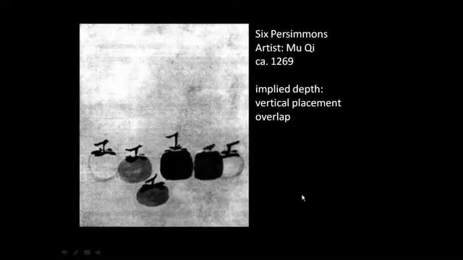This is also fairly straightforward. This persimmon looks closer to us because we can see it in its entirety. It partially obstructs this persimmon right here, which kind of gives the look that this is farther back in space because it's being obscured by something in front of it. And this concludes our lecture on formal elements.